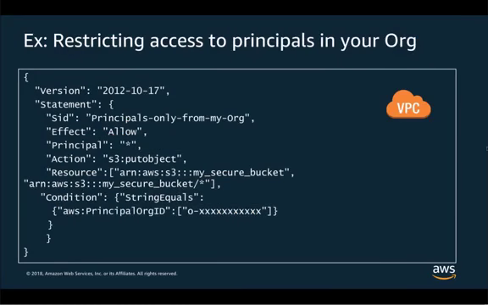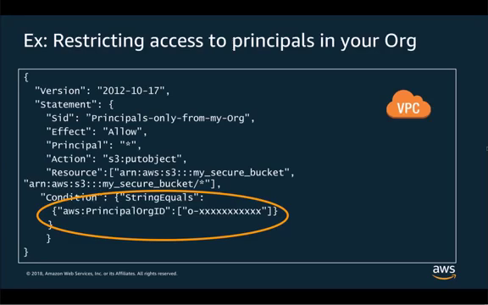Let's take an example of another endpoint policy. Say in your organization you have many users and applications that need access to your S3 resource through a specific VPC endpoint. Now you can either list all the principals explicitly in your endpoint policy to restrict access, or you can use the principal org ID condition, which I've done here. Now you must be using AWS Organizations in this case.